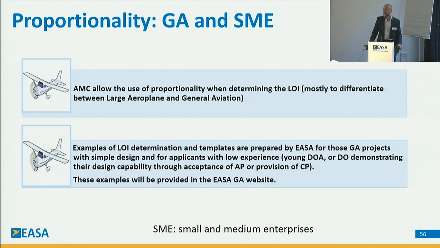Maybe a small DOA doesn't mean that you do not work on a large project or a large aeroplane. So the risk-based approach is finally the same. It depends on the novelty, complexity, criticality, and your performance, how high the risk is. So it's a bit difficult to simplify it for a small company, where in principle the job is the same.